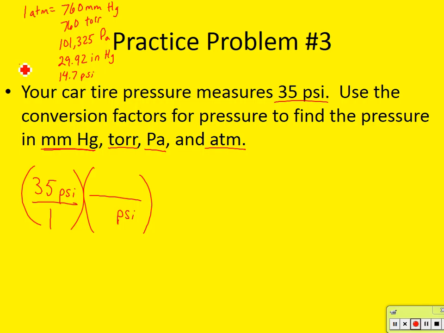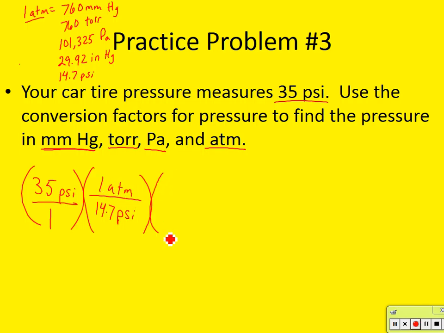Okay, so if we wanted to go to millimeters of mercury, you put 14.7 on the bottom. 14.7 psi is equal to how many millimeters of mercury? Well, it's really equal to 1 atmosphere, right? Put 1 atmosphere on top.